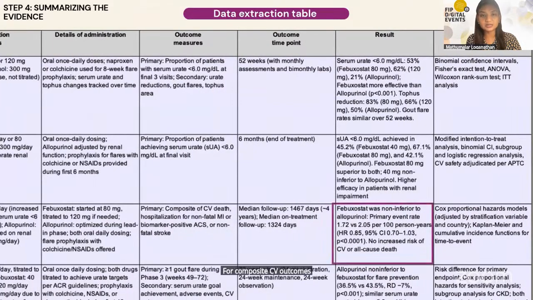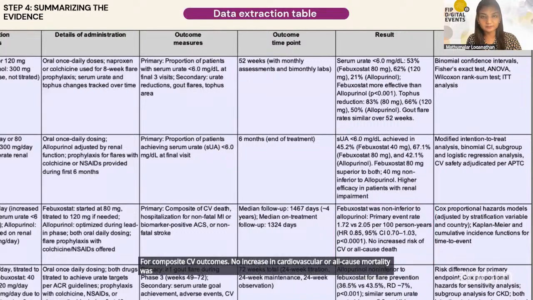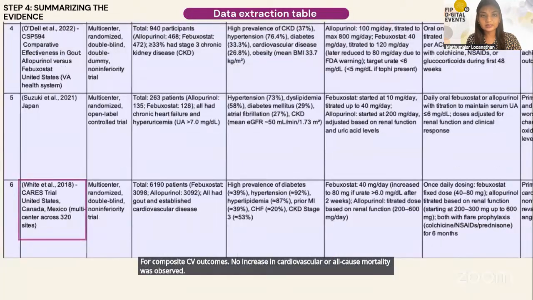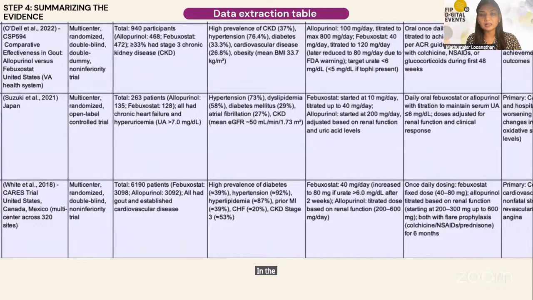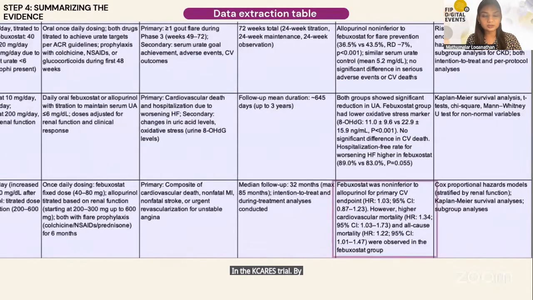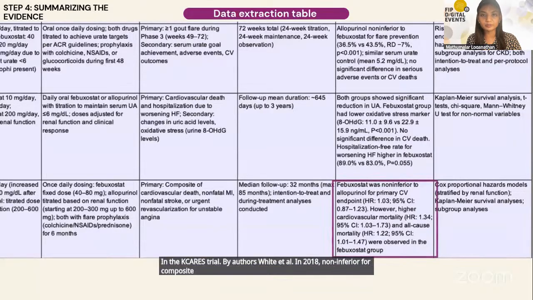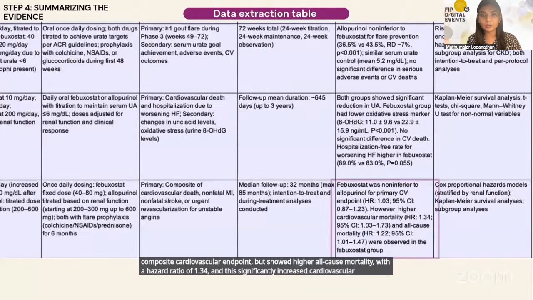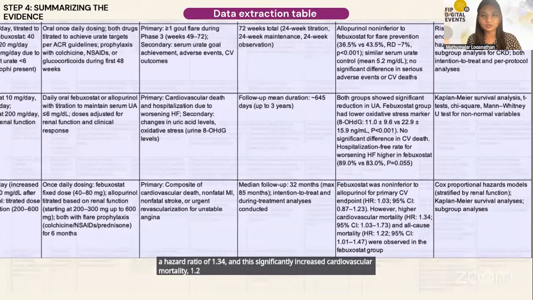No increase in cardiovascular or all-cause mortality was observed. In the CARES trial by White et al. in 2018, febuxostat was non-inferior for the composite cardiovascular endpoint, but showed higher all-cause mortality with a hazard ratio of 1.34, and significantly increased cardiovascular mortality, 1.22, with febuxostat.